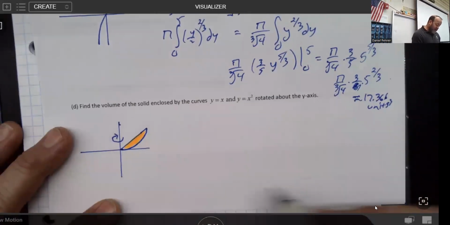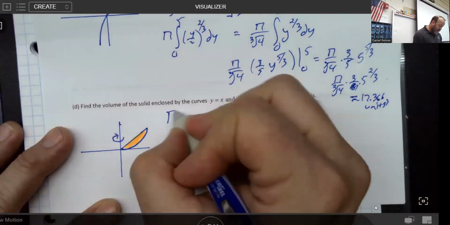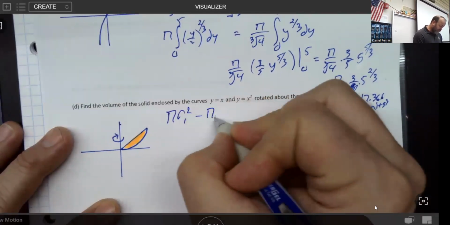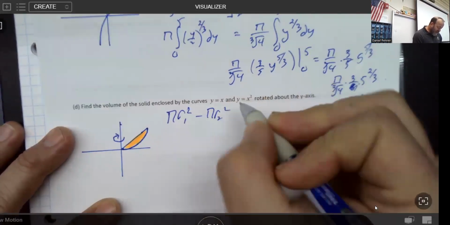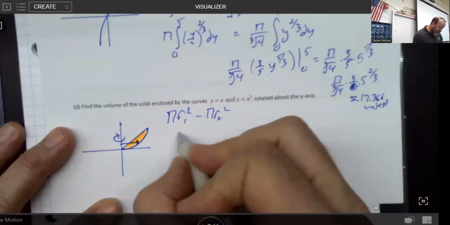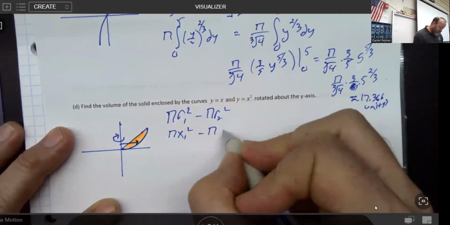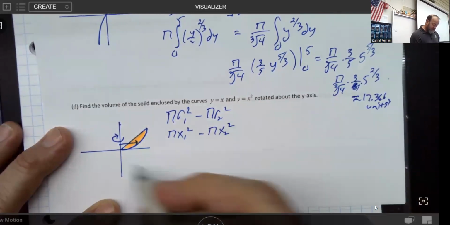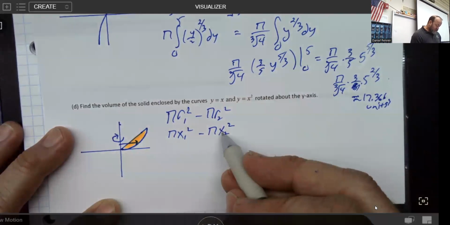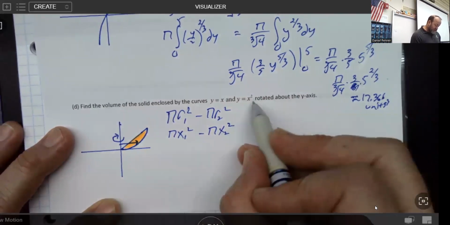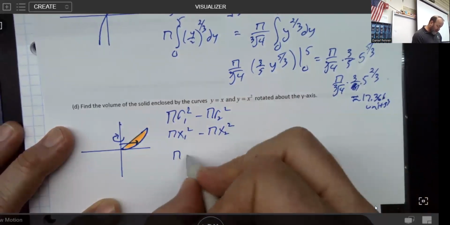So if we go around the y-axis, we're going to have a pi r1 squared minus a pi r2 squared. We've done a few of these things now. So the outer radius is some kind of an x. It is the x curve. And the other one is the linear piece that I'm taking away. So if I am taking x squared, that is in fact y.